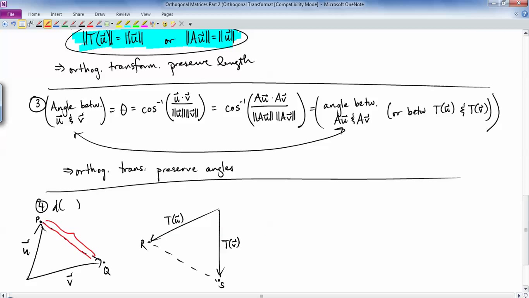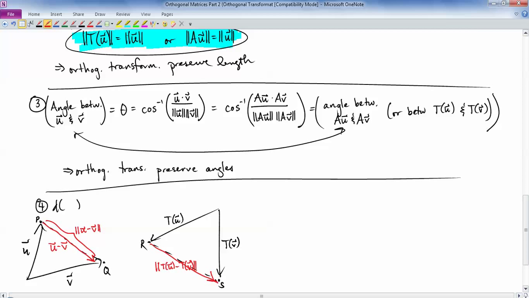If I made this vector, that's really the vector u minus v. So this length is the vector norm of u minus v. And then similarly, this vector would be the norm of t of u minus t of v. Now you could also do this whole thing by using the law of cosines, or SAS triangles from regular geometry or honors geometry.